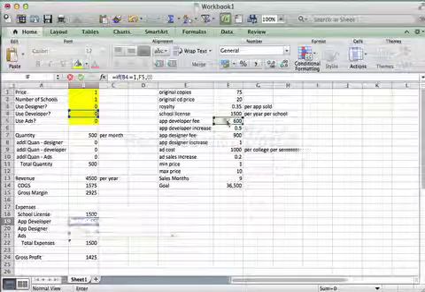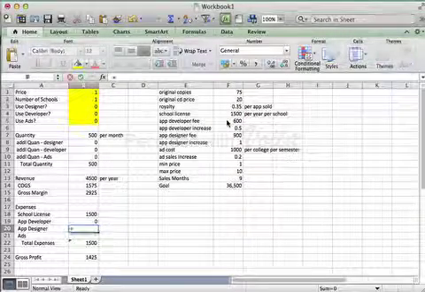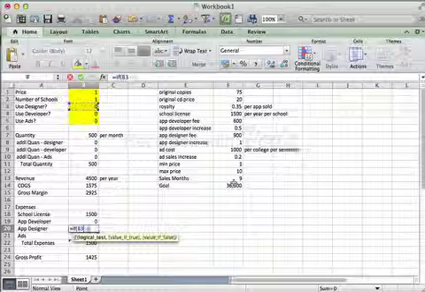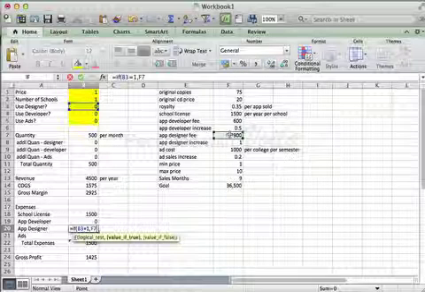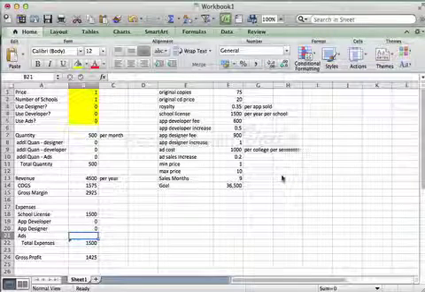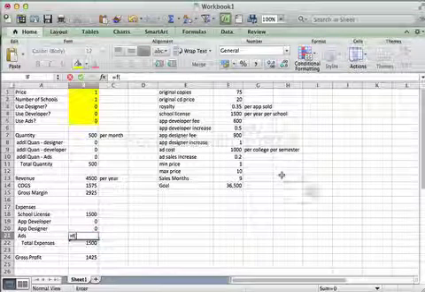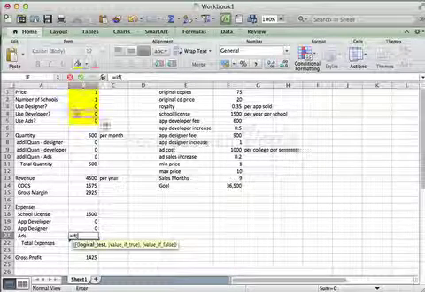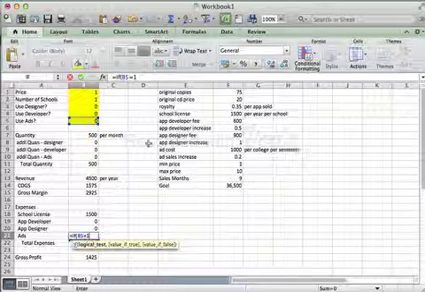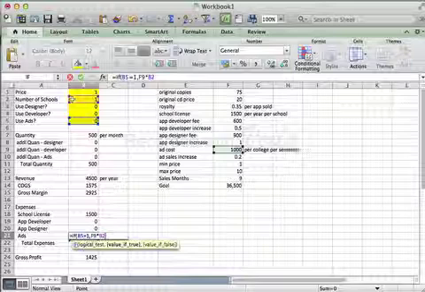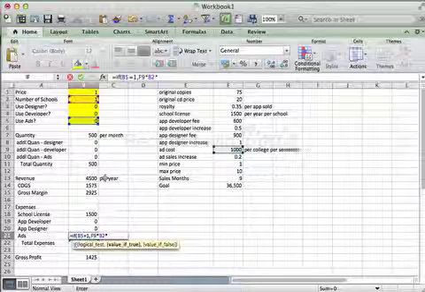If not, it's 0. And the app designer: if the designer is equal to 1, then it is the designer fee, else that is 0. And then finally, ads. So if we're using the ads, then we're paying the ad cost per college per semester.